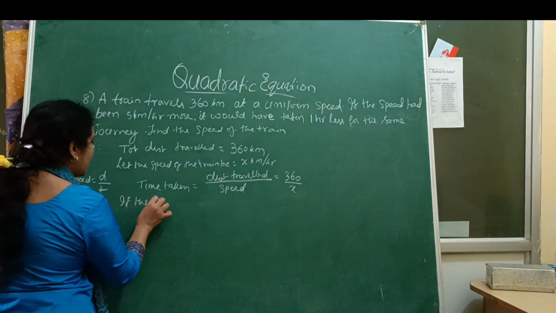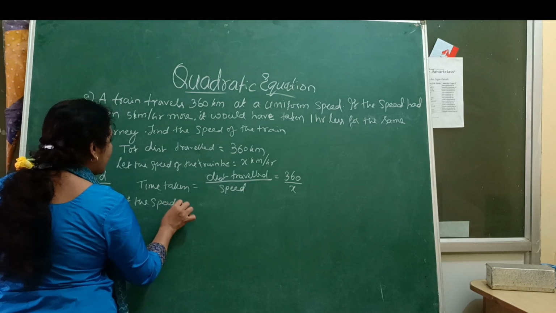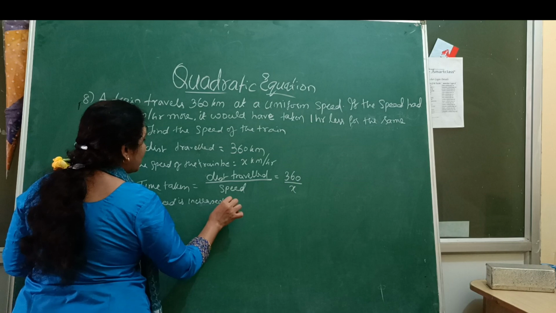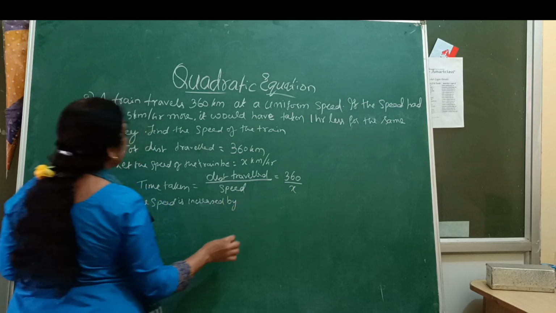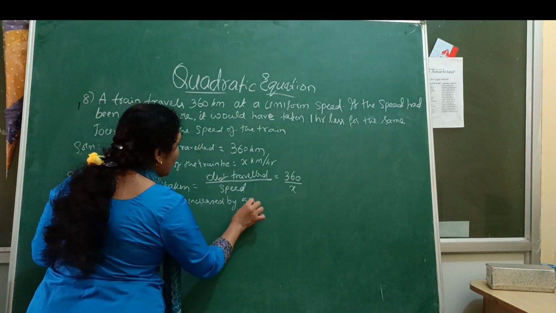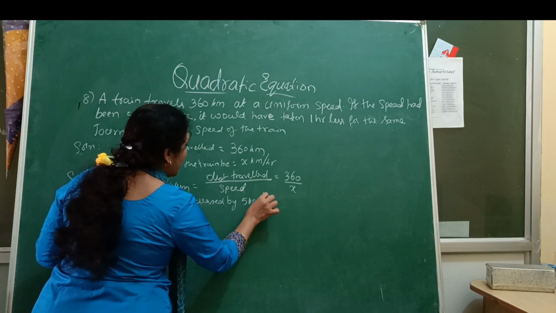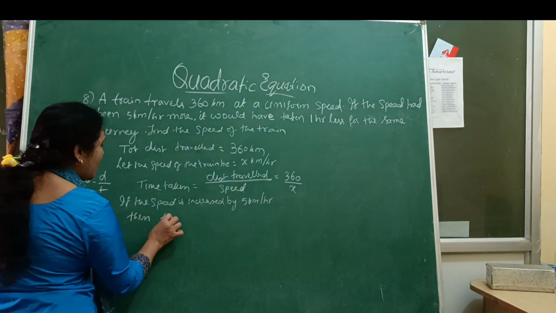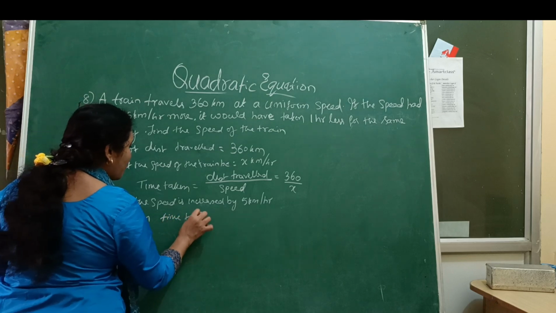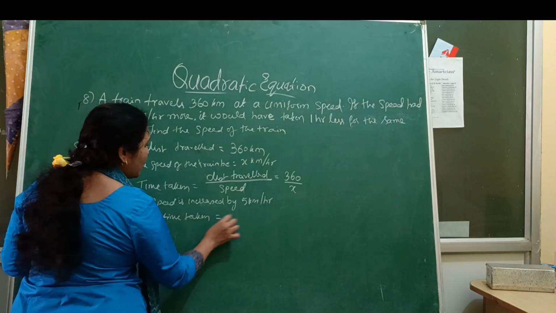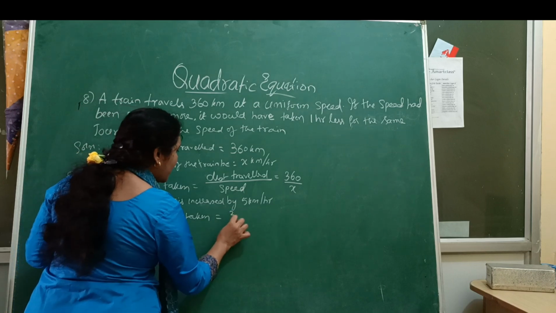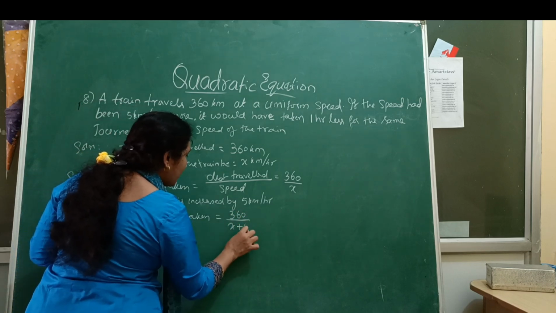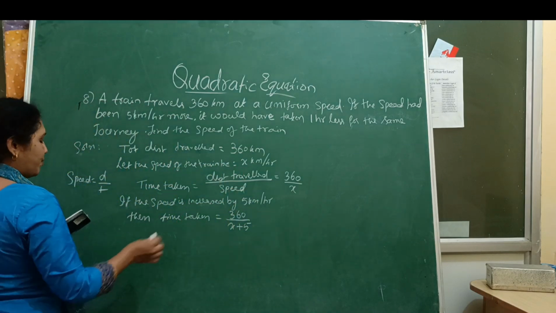If the speed is increased by 5 kilometer per hour, then time taken will be equal to 360 by x plus 5.